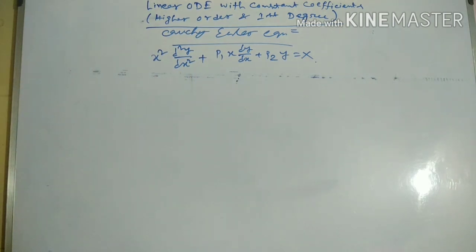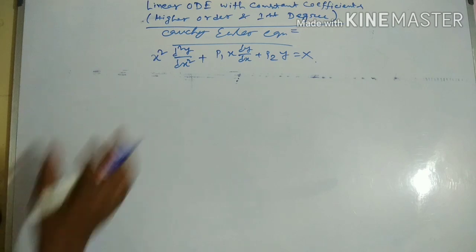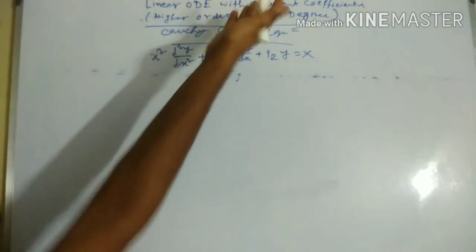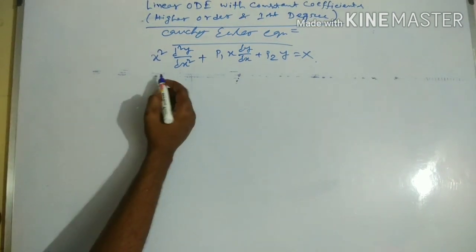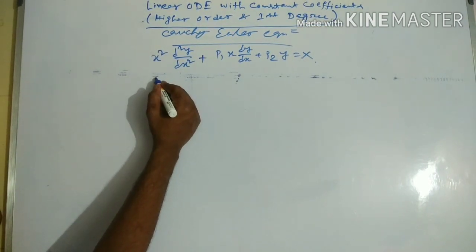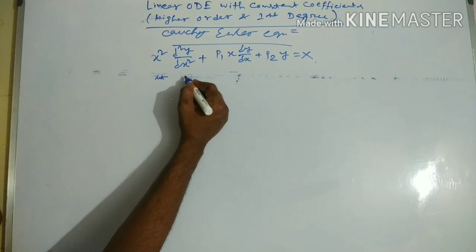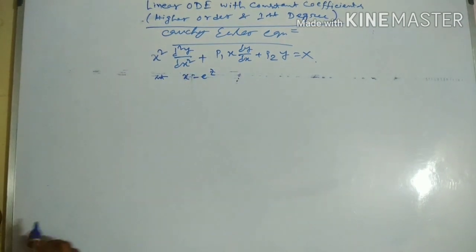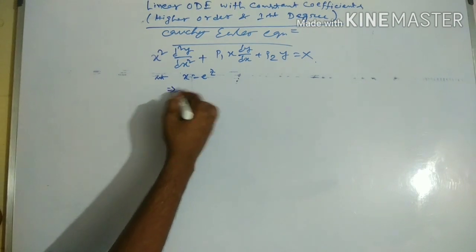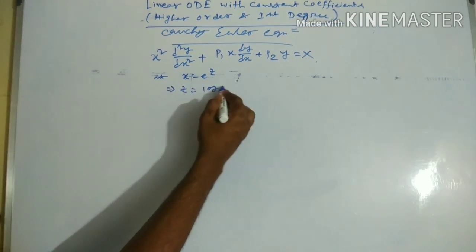Now first we have to transform this equation to an ODE with constant coefficients. For that, I am assuming that x equal to e to the power z. I am doing this substitution. Then z will be log x.